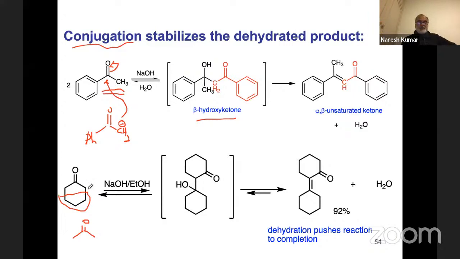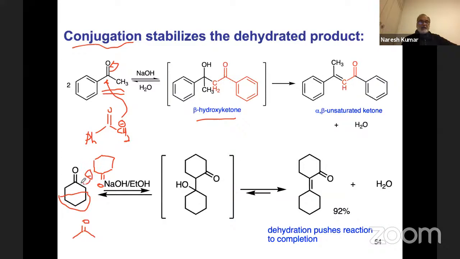What happens in the case of cyclohexanone is, if I draw the other cyclohexanone upside down, in the presence of a base you're going to remove one of the protons present on the CH2 here to generate that carbanion.